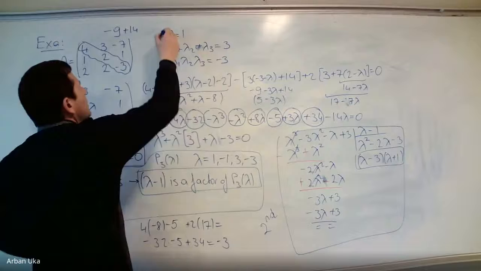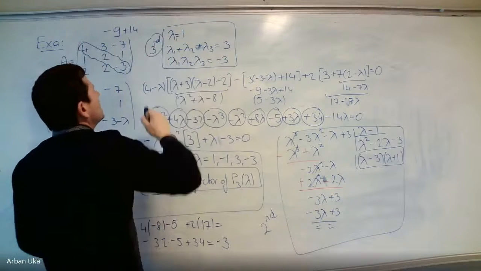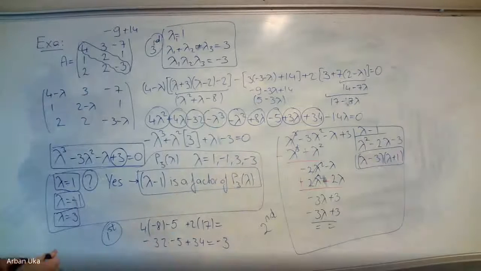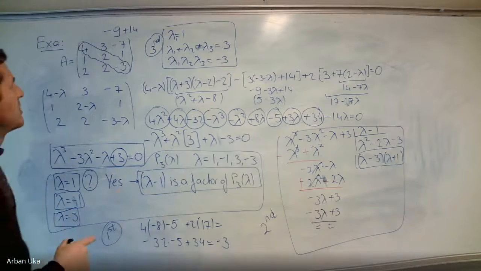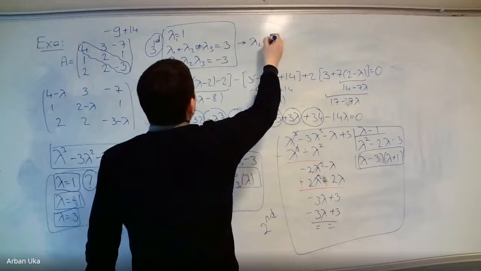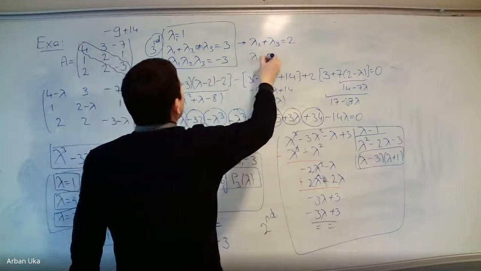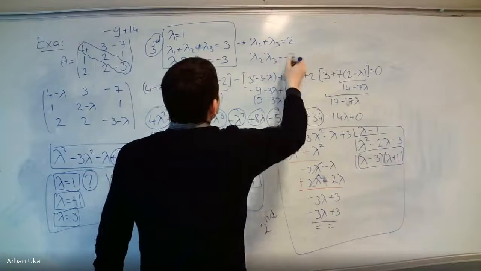Now, these are three equations we can make use of. So this is the third method we can consider. In a 3 by 3 matrix, we find one value. Then we can use one equation for the trace, one equation for the determinant. So lambda 1 is 1. Then from the second equation, we get lambda 2 plus lambda 3 is equal to 2. And here we have lambda 2 times lambda 3 is equal to minus 3.